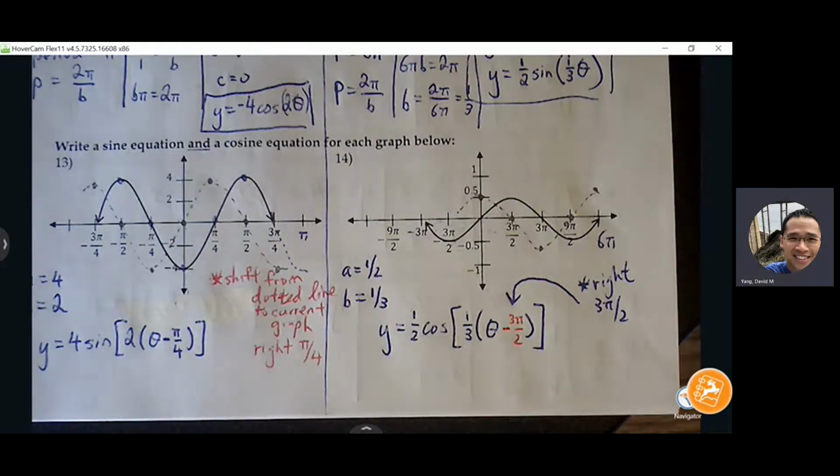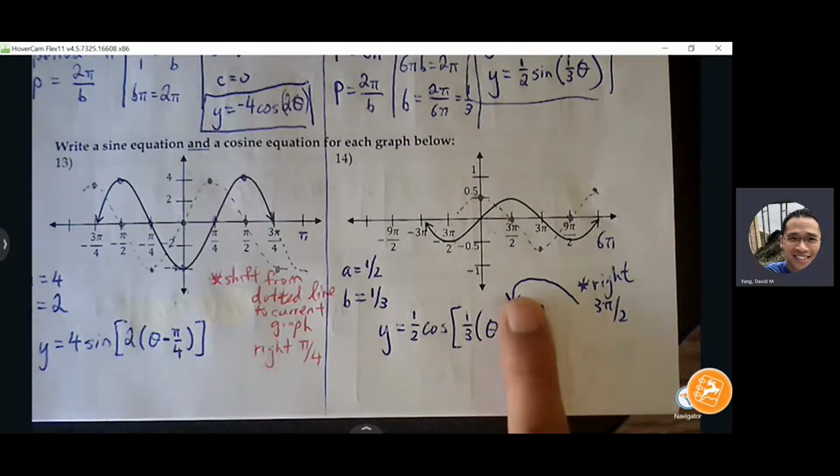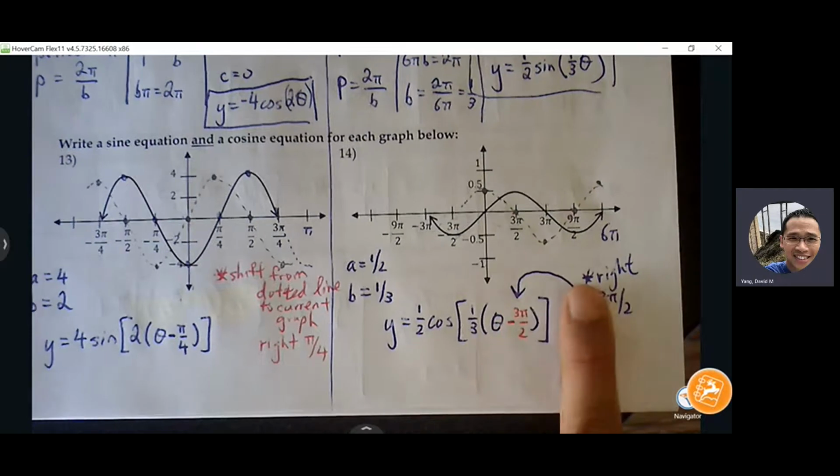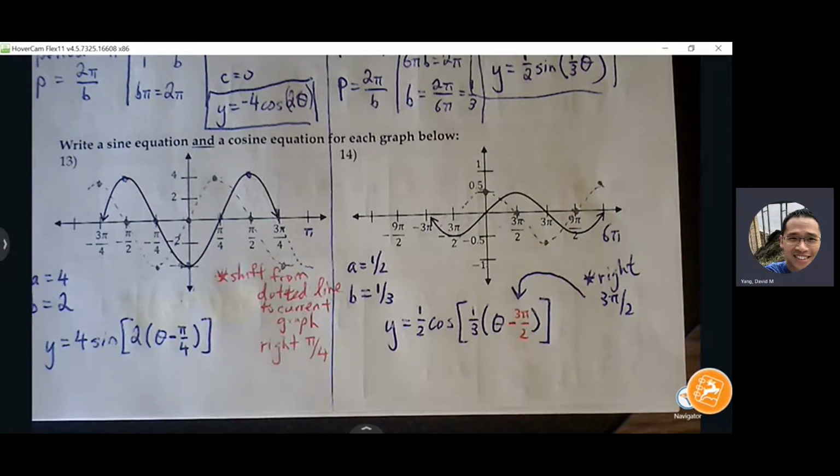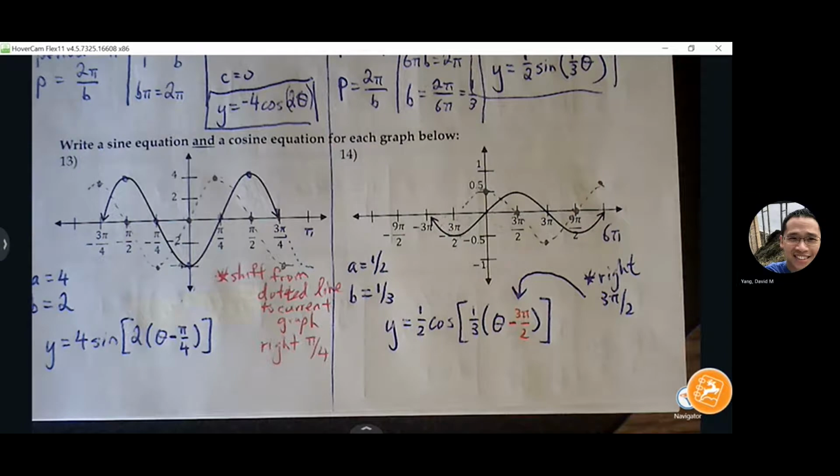Going from dotted line to solid line. Without that 3/2, it's a dotted line, and then with that 3/2, it's going to be moved into that solid line, which is what we want. We want the equation of the solid line. Okay, any questions there?